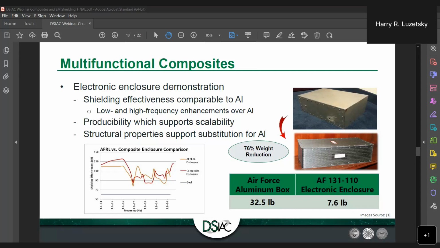The chart on the left shows the trace between the AFRL aluminum enclosure and the composite enclosure. At the lower frequencies, the composite enclosure actually outperformed, as well as at the higher frequencies. In the mid frequencies, they kind of flip-flop between each other. But generally speaking, there are a couple of dips, but we were always above the 80 dB. And if you were to go on an average, we're probably averaging up around 100 dB shielding effectiveness.